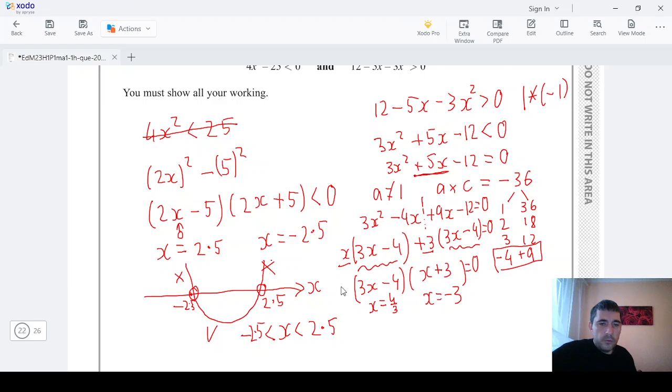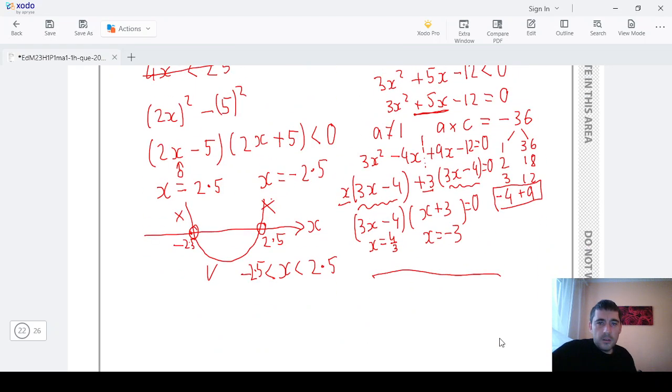Now we'll do the same graph sketch to check. So just sketch the graph with the positive x squared shape.